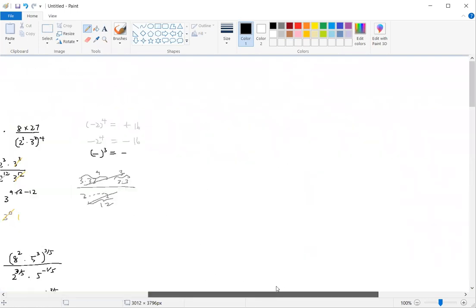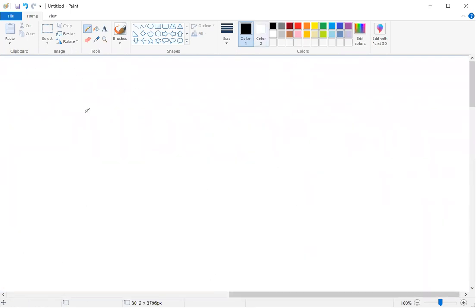Okay, so 1.8.7. Something similar as before. Negative root 20 plus 2 root 245 over root 270 minus root 120 is supposed to be some A root B, and we want to find what A, B are.